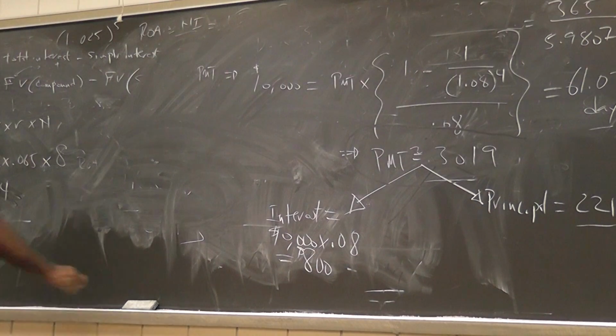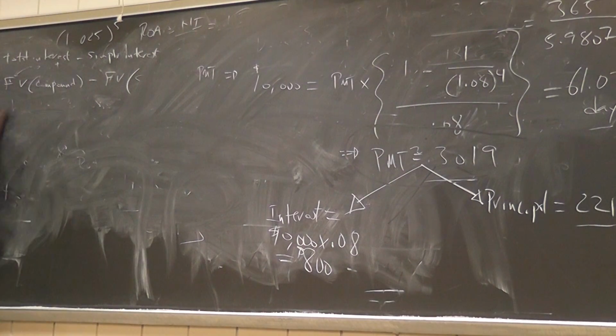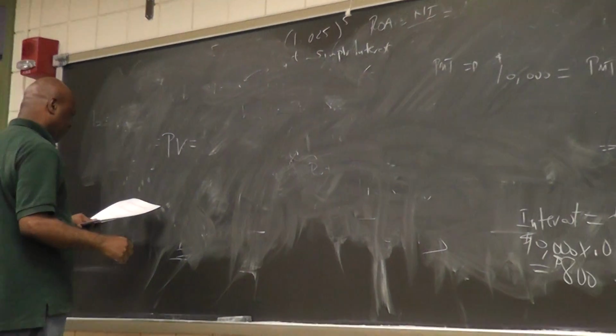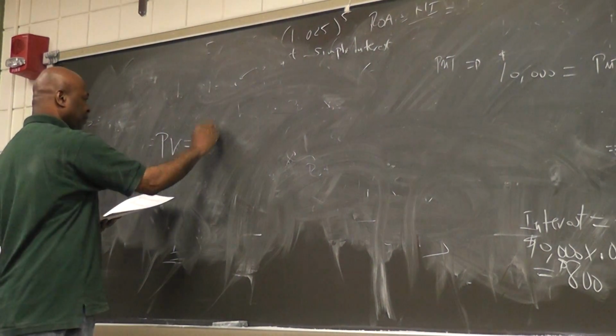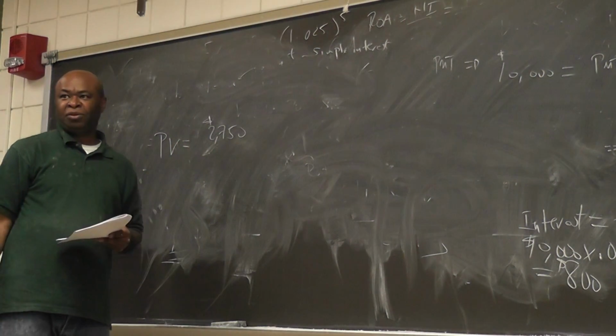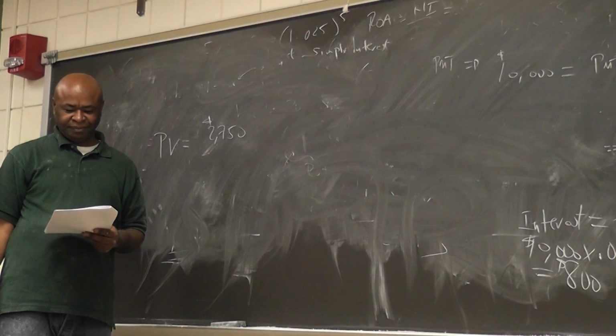So let's do that. It's the present value. Actually, this one is not bad, right? 2,750. This is clearly a single cash flow problem, right?